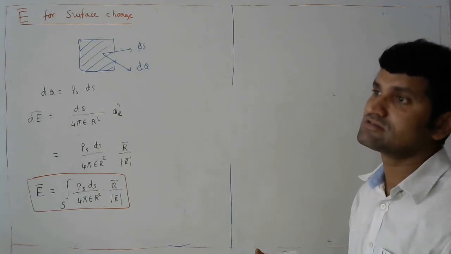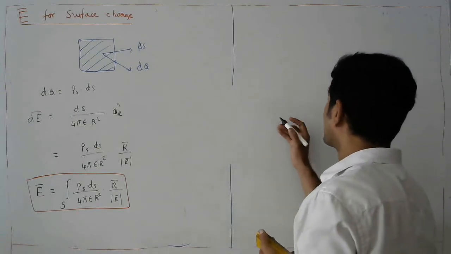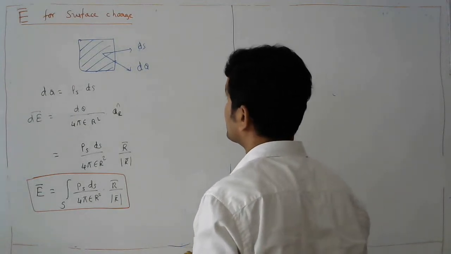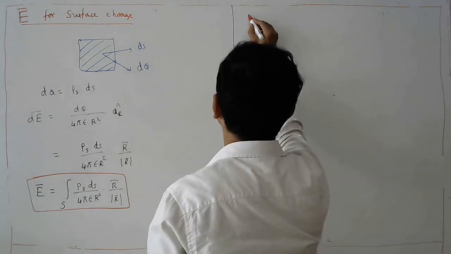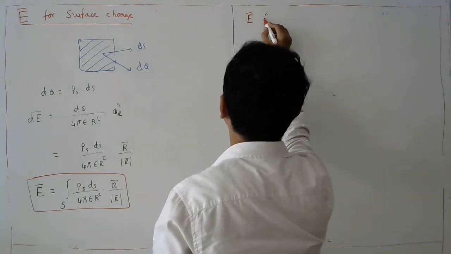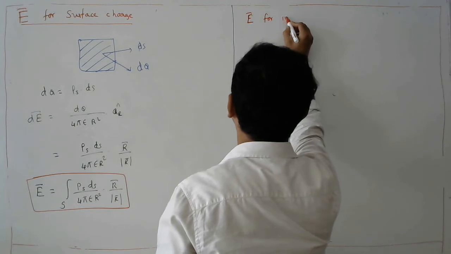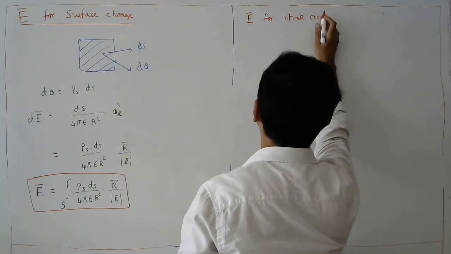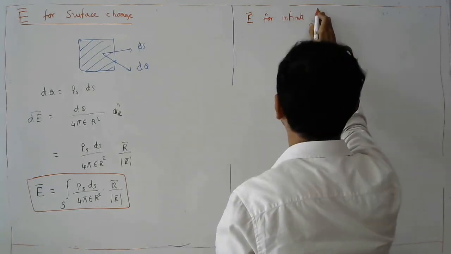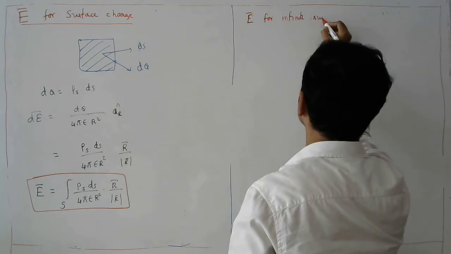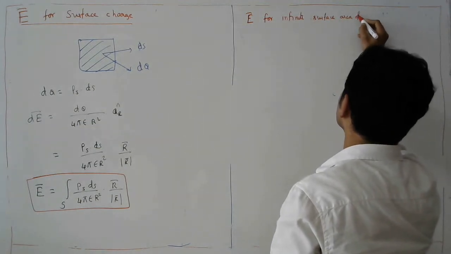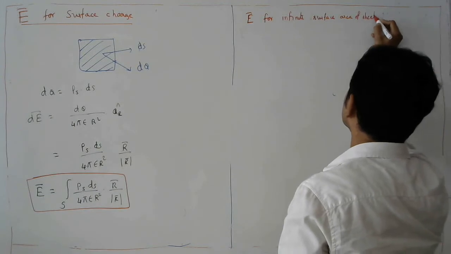So the next topic is the expression for E bar for an infinite surface area of sheet.